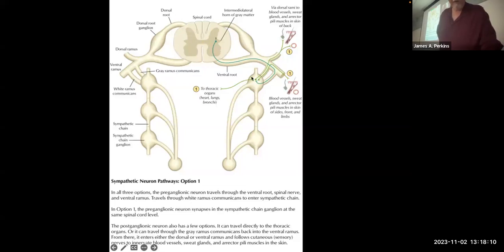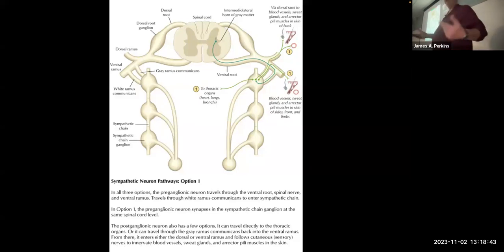But many of the postganglionic neurons are going to immediately jump from the sympathetic chain back to the spinal nerve. And as these postganglionic neurons travel from the sympathetic chain back to the spinal nerve, they're traveling through a different little branch, a different little connection, which is also labeled over on the left side of the picture here, called a gray ramus communicans.